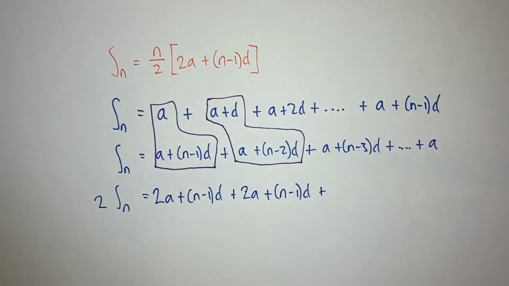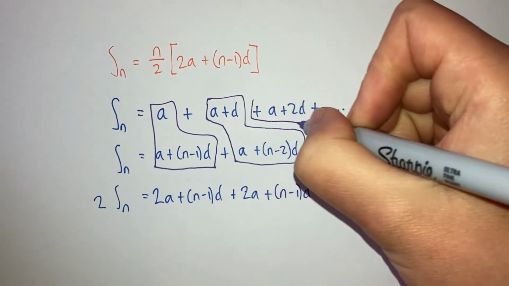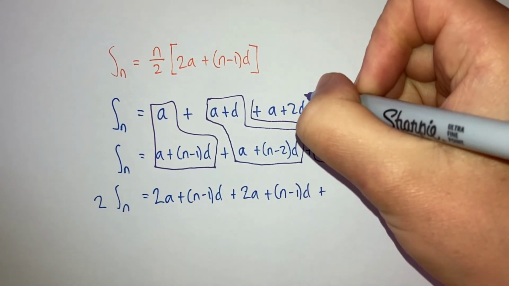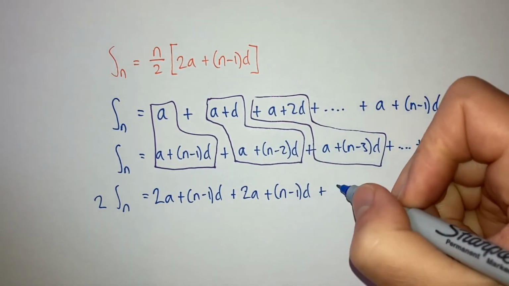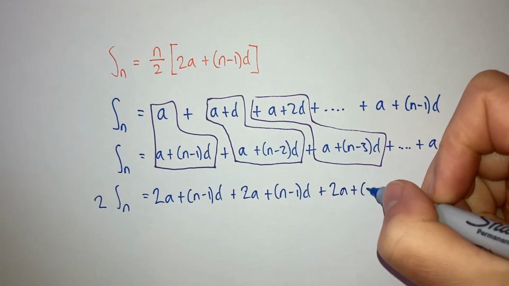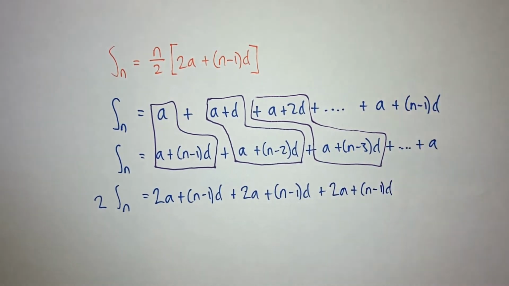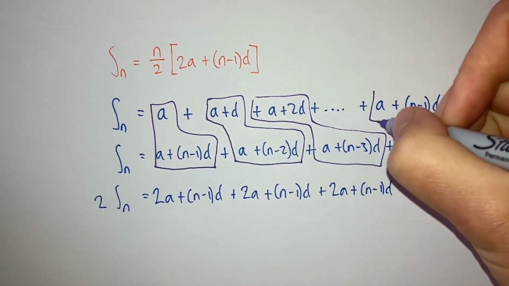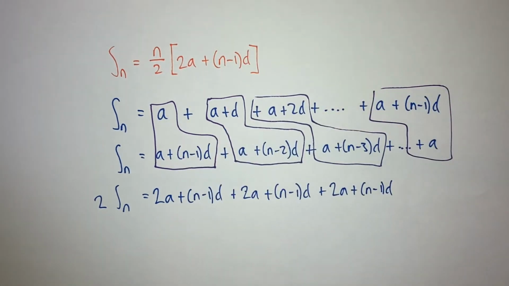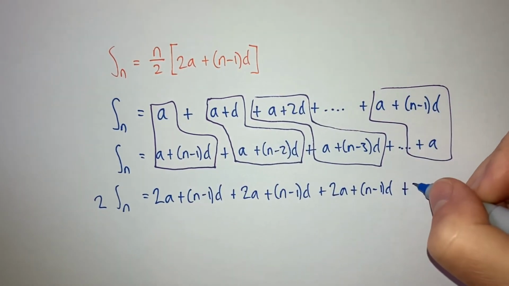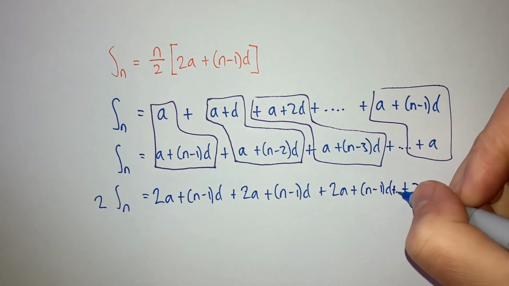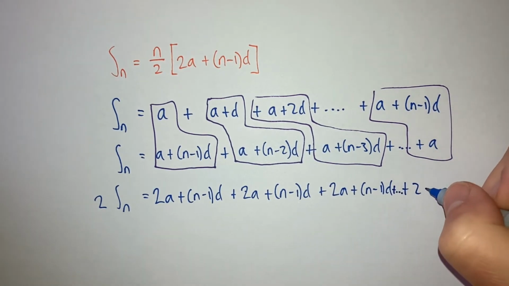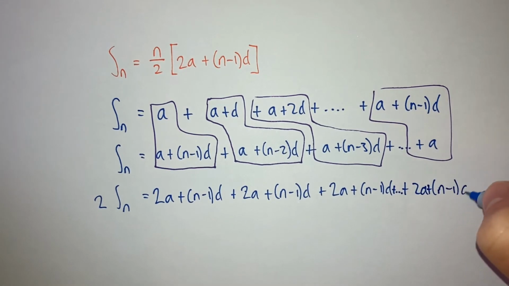And then we get the same again with the next terms, 2a plus n minus 1 d, and we can see that this last one here is the same as the first one. Plus, must put the ellipses in, plus 2a plus n minus 1 d.